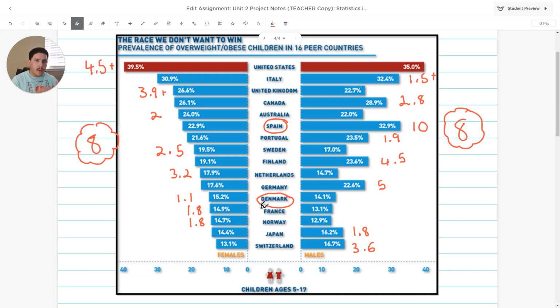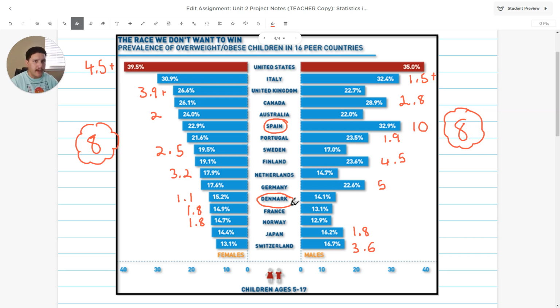So hopefully what I said made sense, but those are the types of conclusions that I'm looking for when trying to tell me your 3 conclusions, your 3 things that you notice about the graphs from the project. Not simply stating United States has 35% overweight males. That's obvious. I want you to analyze the graph and tell me things compared to other parts of the data and why you're pointing out that specific thing.